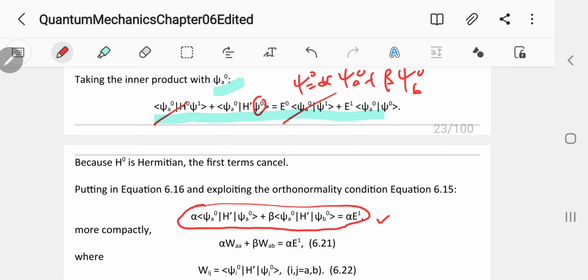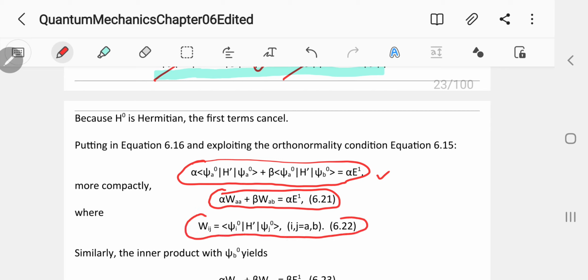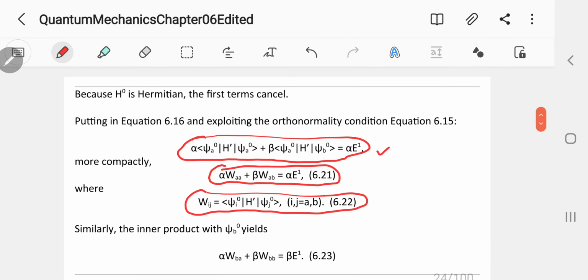We recast this as this one, where the W's are defined in this way. So it's a completely different way of doing the corrections for the degenerate case. So for B, if you do the same thing, you will also get this one.